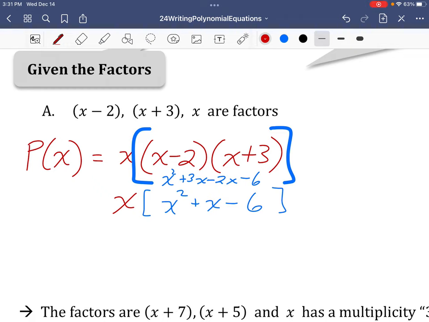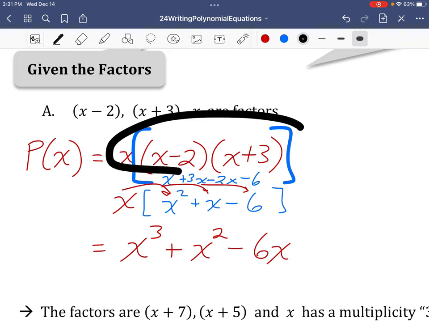But there's this red x in front of all this, and that red x is now going to distribute, or multiply, to each of these. And so when I'm all done multiplying all this together, I'll get an x cubed, an x squared, and a minus 6x.